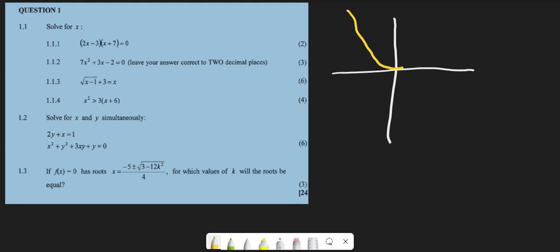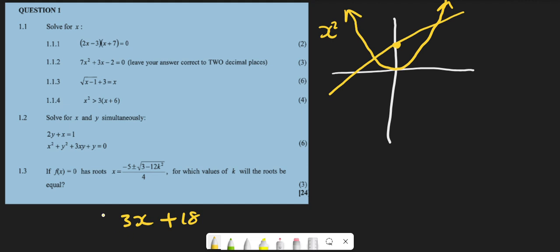This one is my x squared, and then I will draw another one, which is going to be our straight line cutting this way. Looking at this, we are going to have 3x plus 18 after simplification of this side here.